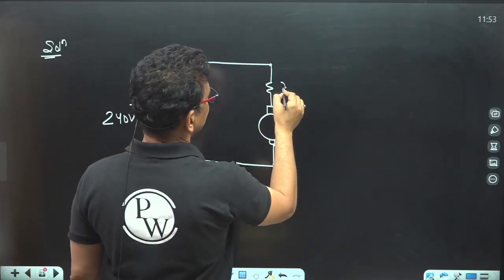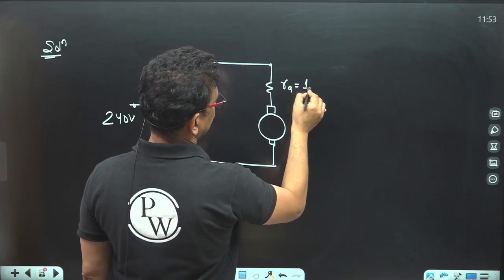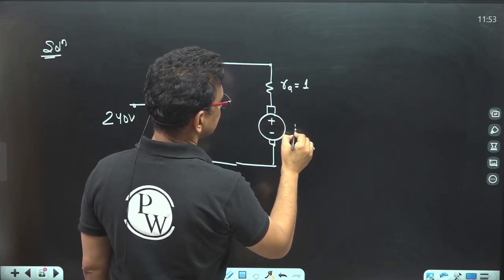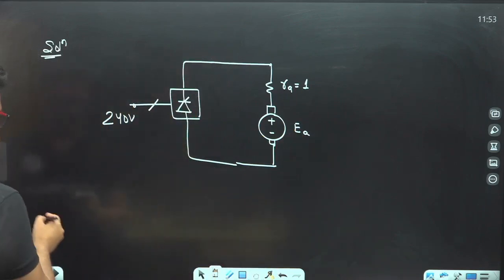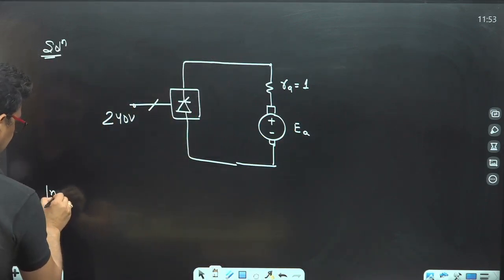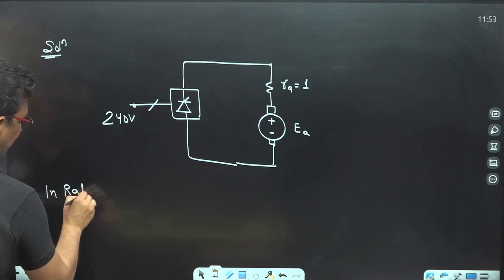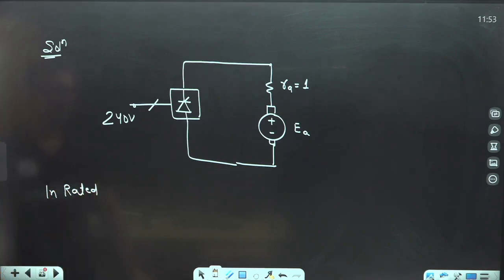The Ra is 1 ohm. In the normal condition, this is the polarity of the induced EMF. So let's find out how much EMF will be induced in the rated condition.